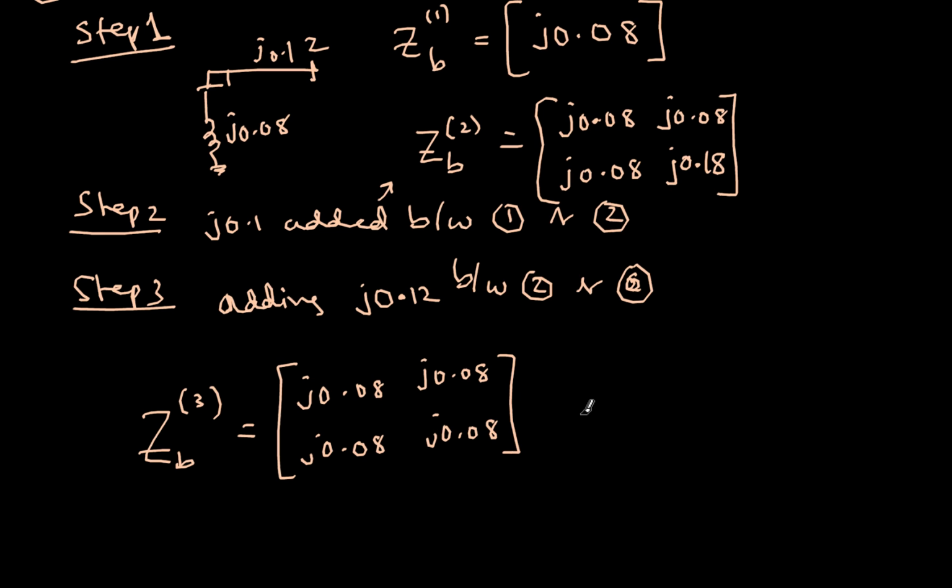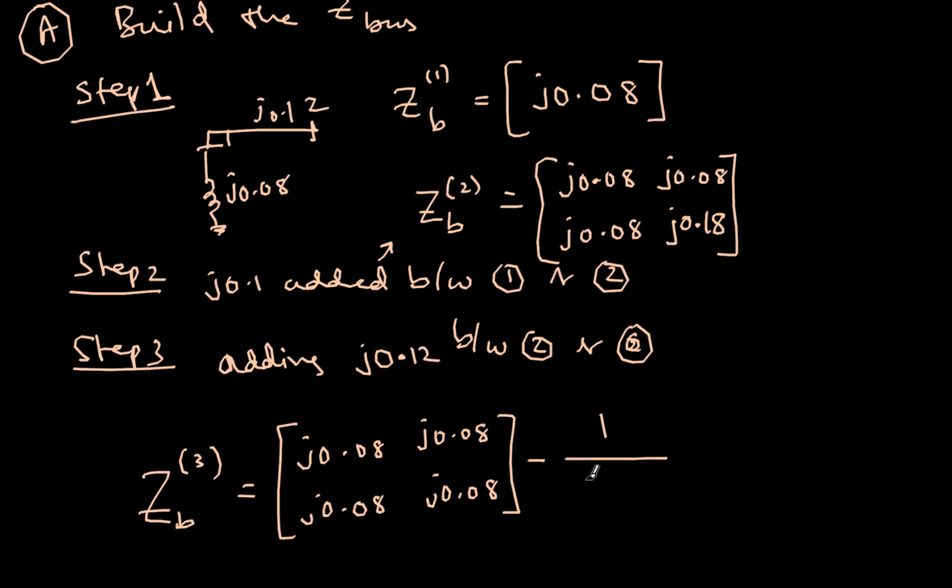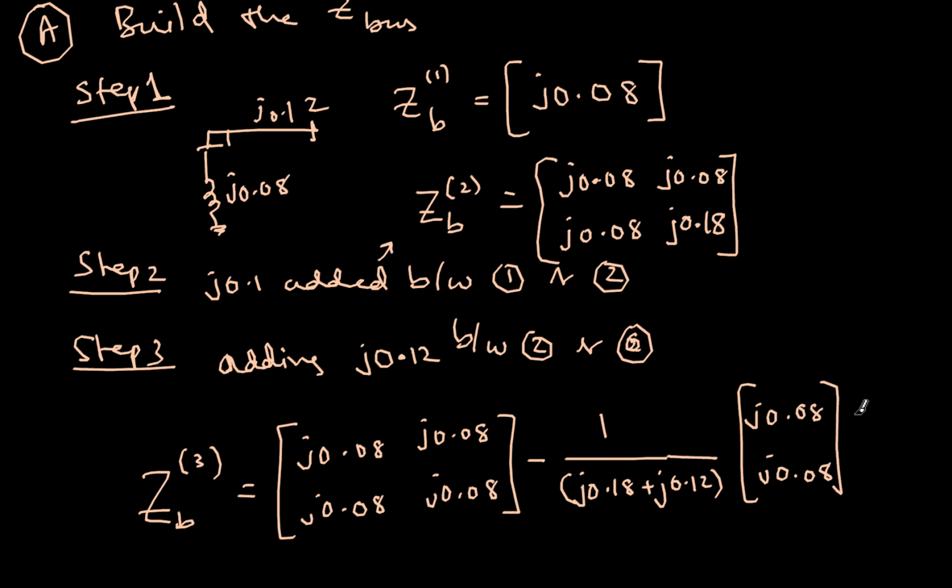To that old Z bus, I have to subtract 1 by Z22 plus ZLL. Sorry, Z 0.12. So this is 18 plus J 0.12, and here I have to multiply the second column, and I have to multiply it with the second row.